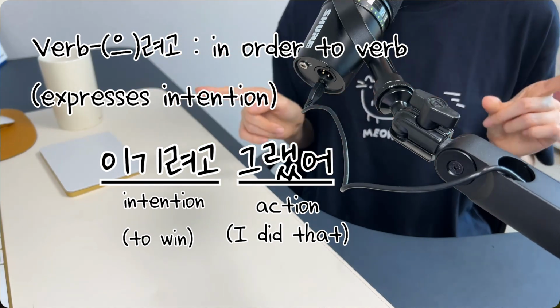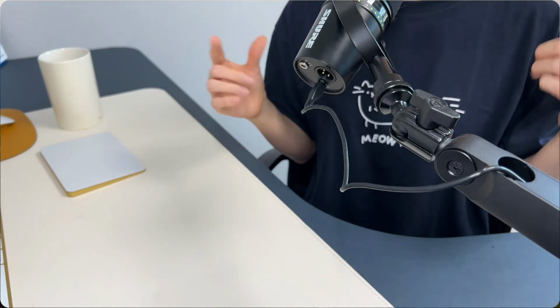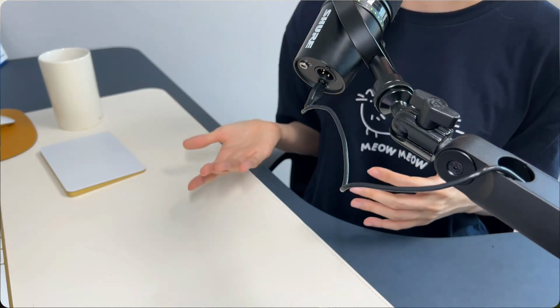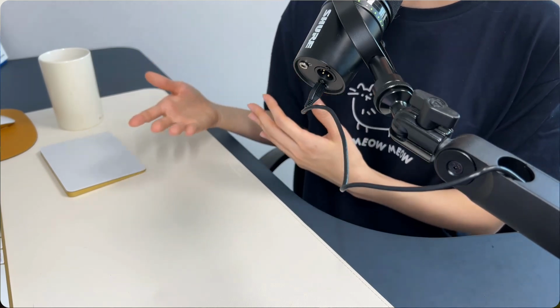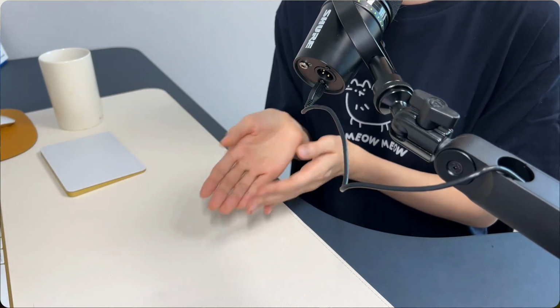So many learners can grasp this concept during Korean lessons, but it often takes time and practice for this structure to flow, to come out naturally in your spoken language.